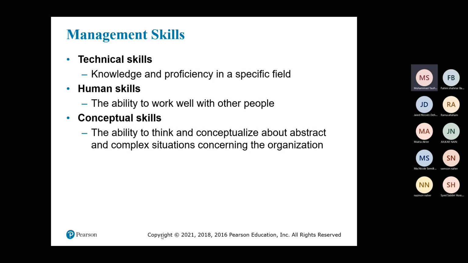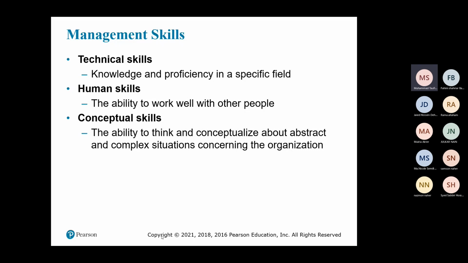Those three skills are, the first one is technical skill, the second one is human skill, and lastly is conceptual skill. The technical skill is the know-how, the knowledge or the experience that he or she as a manager has in their field.